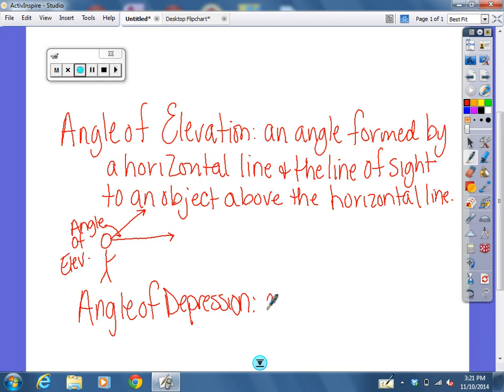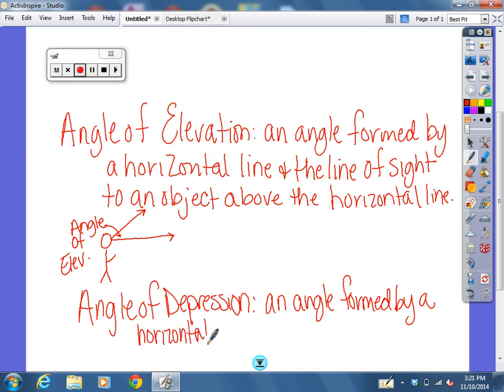If I write it all out again, an angle formed by a horizontal line and the line of sight to an object below.